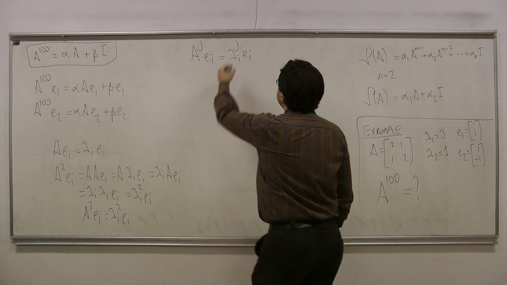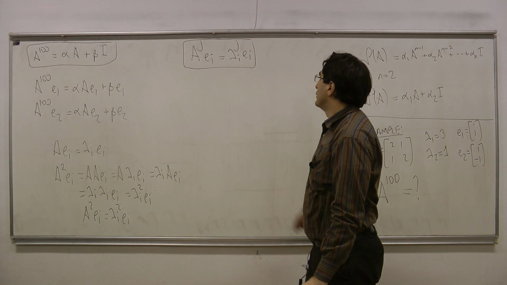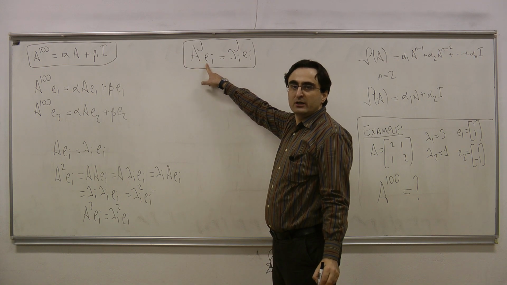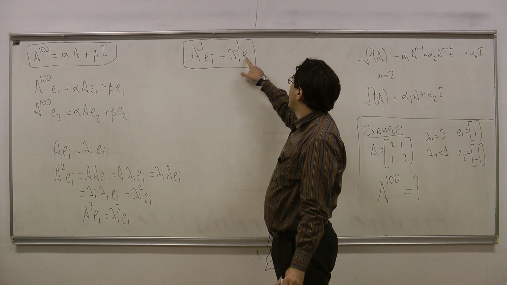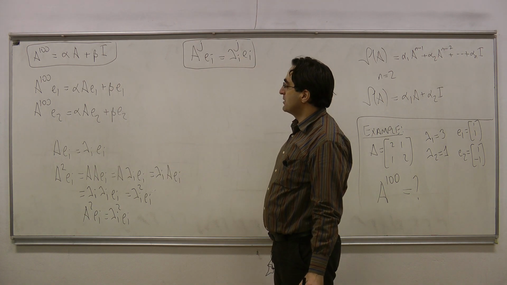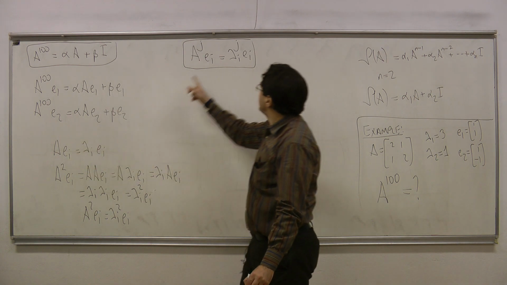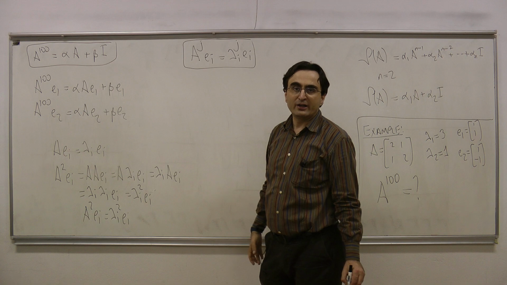Okay? So this is a fact about matrices as well. So if you multiply the jth power of a matrix with the eigenvector, then that is going to be lambda i to the power j times the same eigenvector. So this eigenvector equation is a specific case of this generalization for j equals 1.